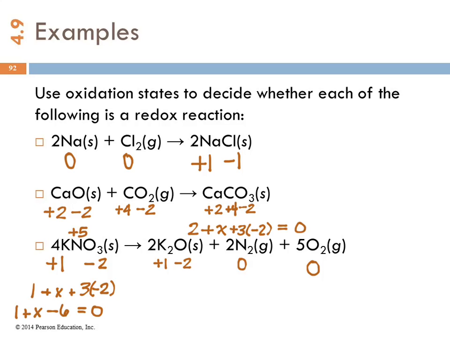So that's what the question asks. But let's look at this and see what's going on. Is anything happening to potassium? Is it being oxidized or reduced? No, its oxidation state is staying the same. How about oxygen? What's happening to oxygen? Well, one of them stayed the same, but some of them went to 0. -2 to 0. Do you do that by gaining electrons or losing electrons? Losing electrons is oxidation.